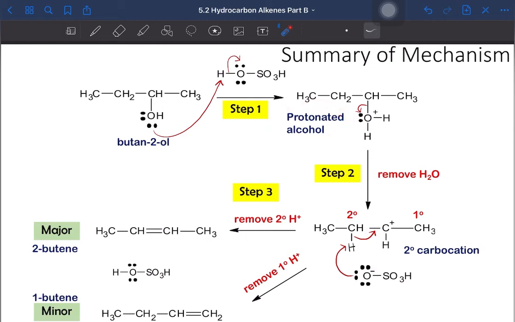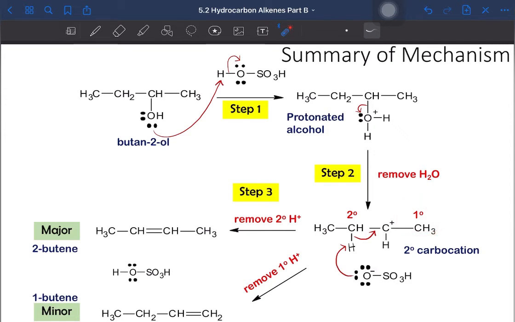Now you will remove the water to form a carbocation for your second step, and then you need to remove the hydrogen to form the major product. It means that the secondary hydrogen will be eliminated. If we want to form the minor product, it means that you have to eliminate the primary hydrogen from this carbon.